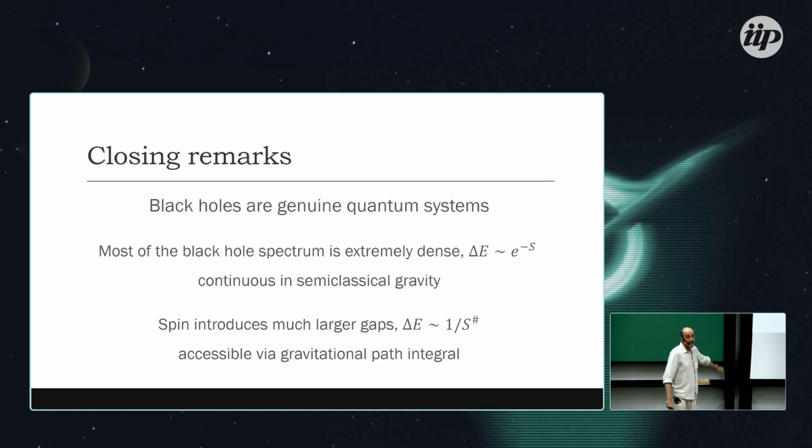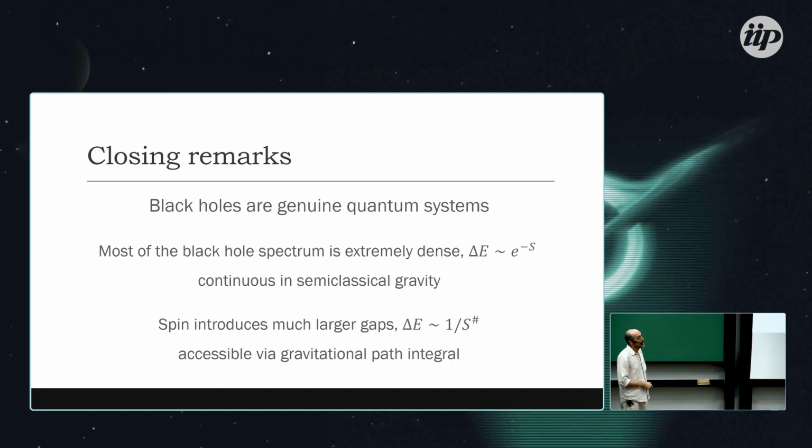Now, let me make a few final remarks. What this study highlights is that black holes are actually genuine quantum systems, and we can probe them using semiclassical techniques. As I said, most of the black hole spectrum is extremely dense, and at the level of approximation that I'm working, you don't resolve this discreteness of the spectrum.